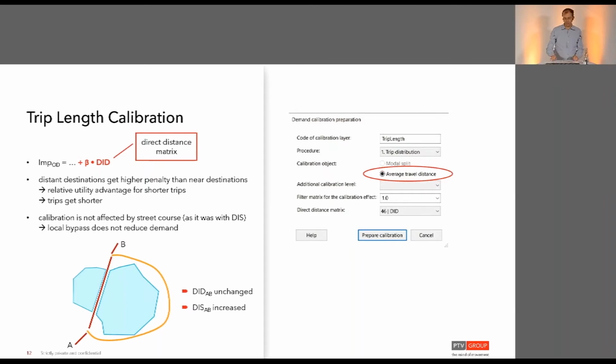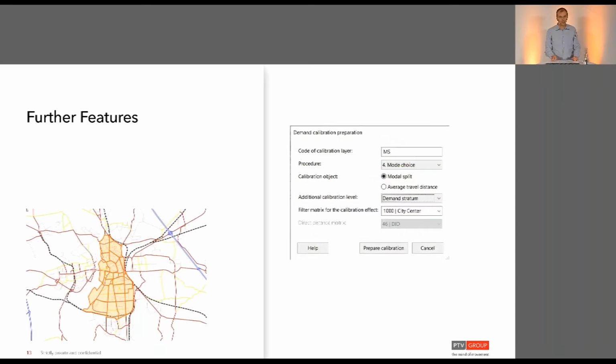Yeah, that's the trip length calibration. Another feature: can we see that? It is about the additional calibration level. The picture there on the left side is not good. It is too early. It should come one click later.